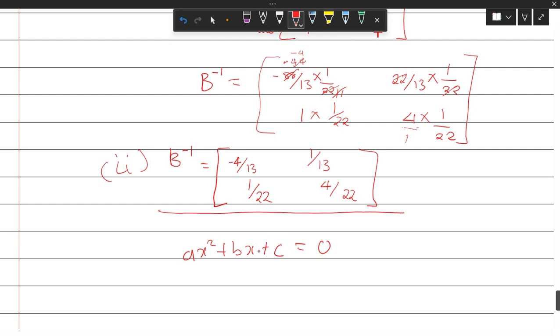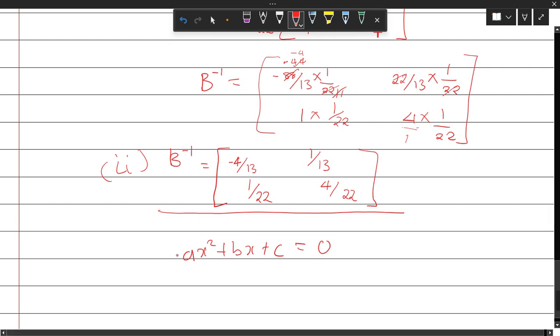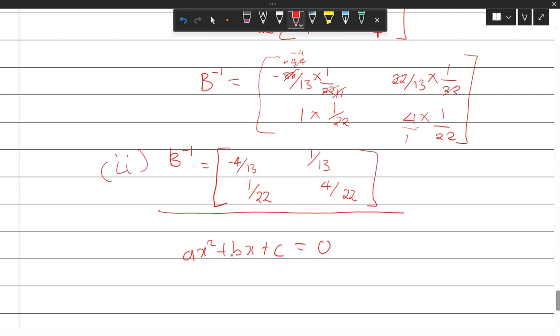You get them with their signs. Different questions come with different signs, so you need to pay particular attention. Don't just get a number, get it with a sign.